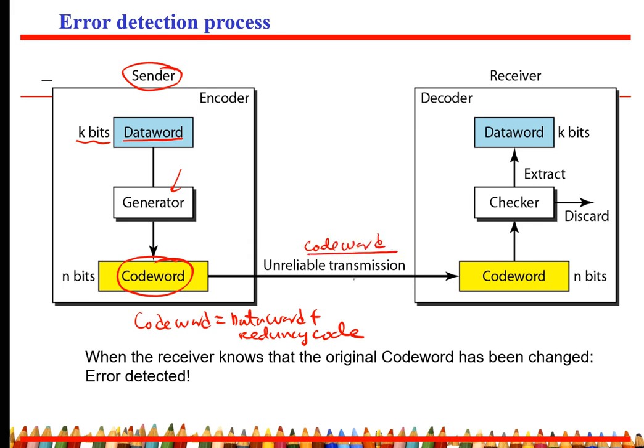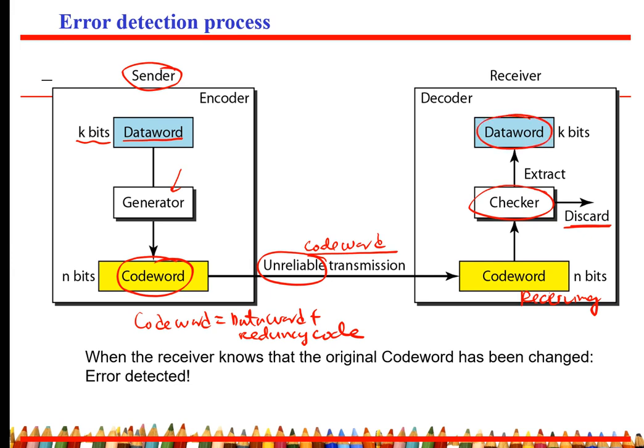So the code word is delivered through the unreliable transmission medium, and upon receiving the code word, we pass it through the checker. If some error happened, then we may discard it; otherwise, we extract the data word from the code word and use it.